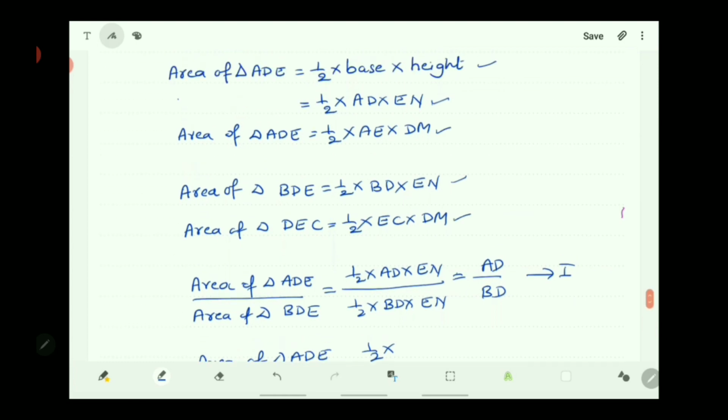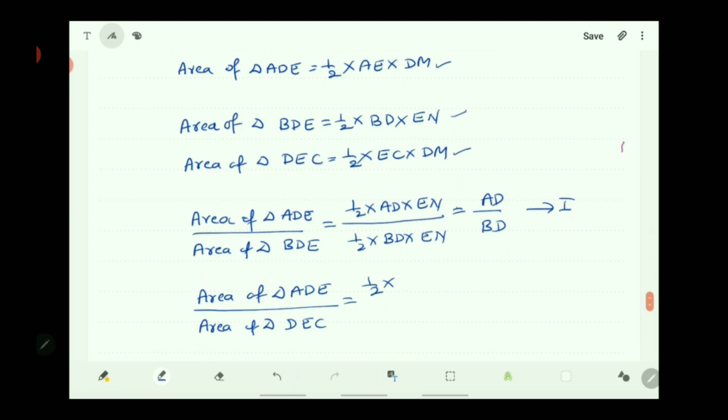For triangle ADE, take the DM height, that is half into AE into DM by half into EC into the same height DM. Here also DM cancels, half cancels. What is remaining here? AE by EC. Consider this as the second.